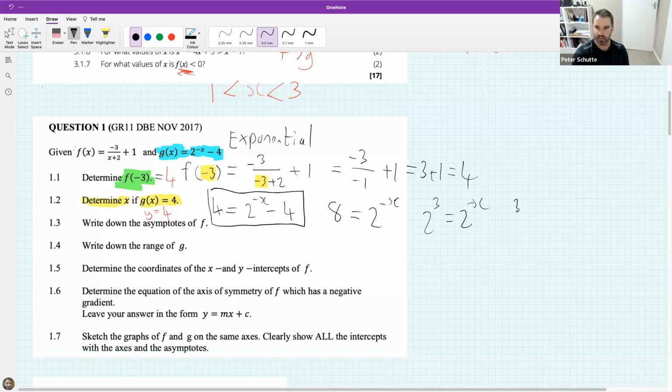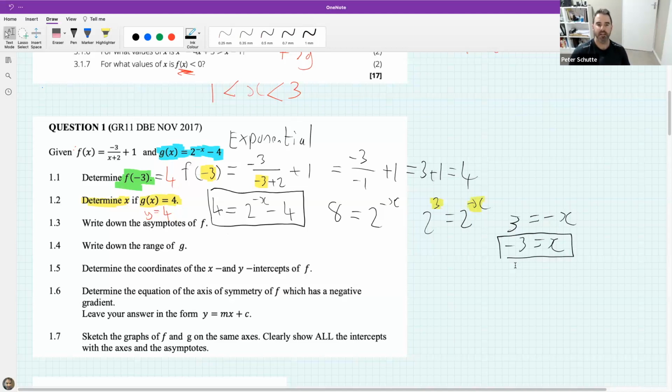And then if the bases are the same, we can then say that 3 is equal to minus x. We can basically just drop the bases because they're the same. And then to get the x by itself, I divide by minus 1 on both sides, and x should be minus 3. There we go. Awesome. Awesome, Conker. Awesome. And Phyllis.